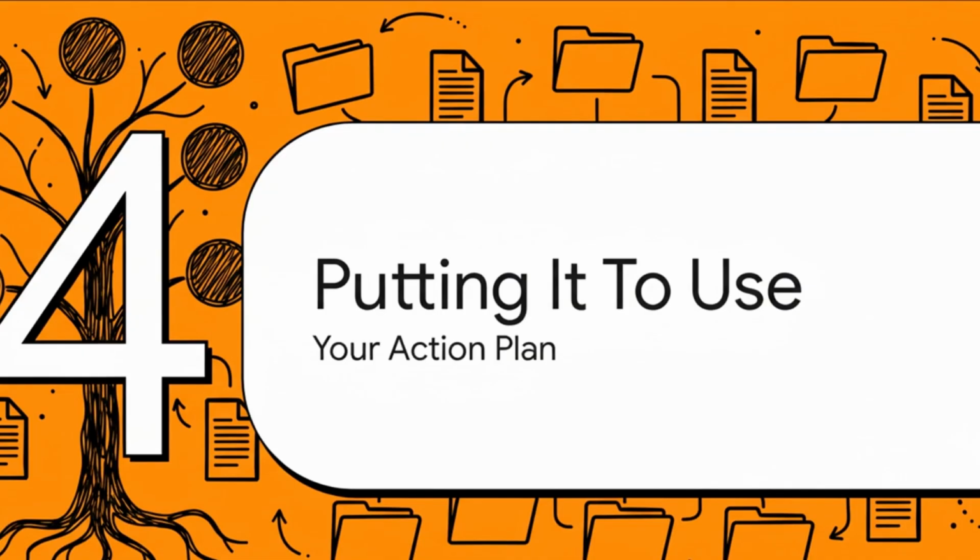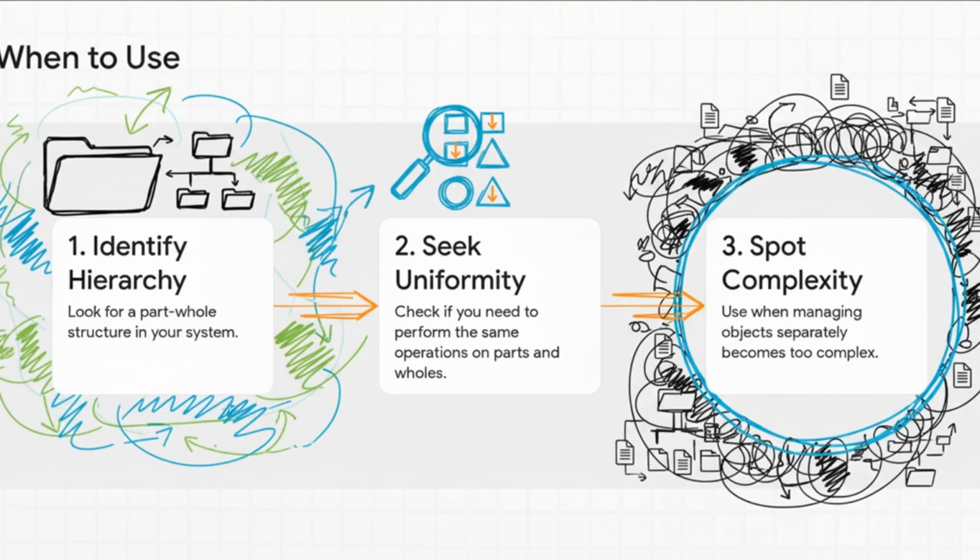All right, so you've seen the problem and you've seen this really elegant solution. Now for the fun part. How can you spot the chance to use this in your own projects? Let's put together a super simple action plan. Here's your mental checklist. It's really just 3 steps. First, look for a part-whole hierarchy. Think menus with submenus, or even organizational charts.